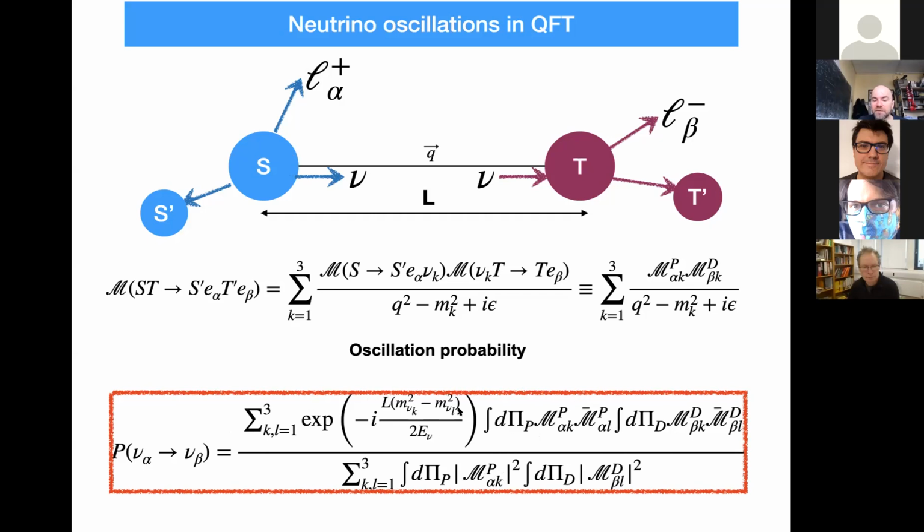The only difference is that you get this exponential factor, which contains the difference of neutrino masses squared. So this is all just quantum field theory in the usual way, with a tiny modification in the way you do the calculation.